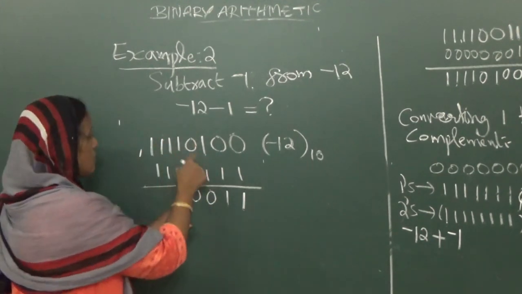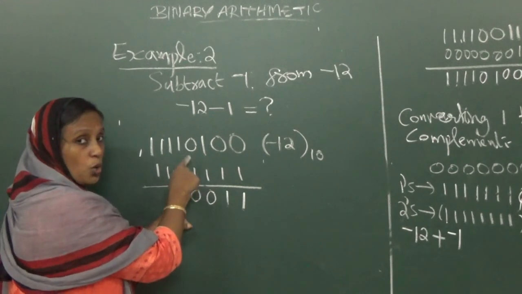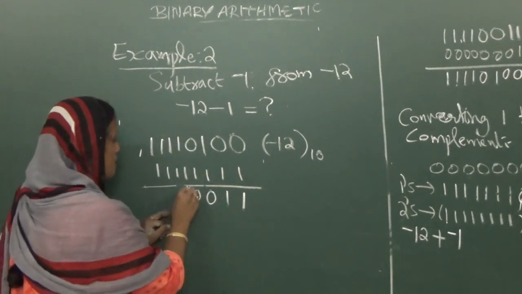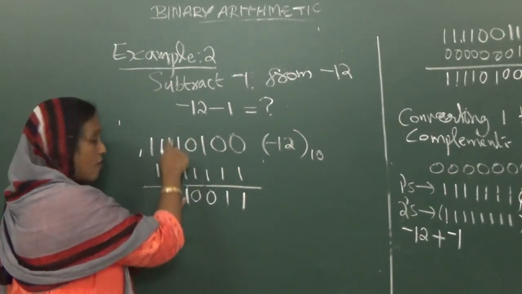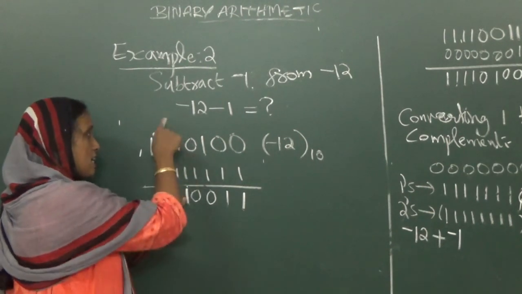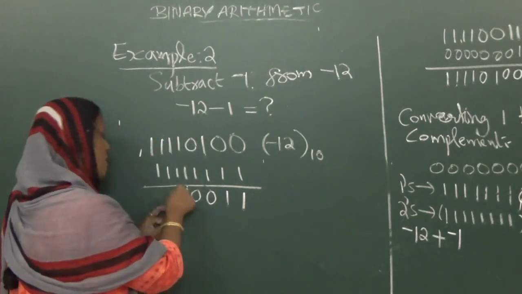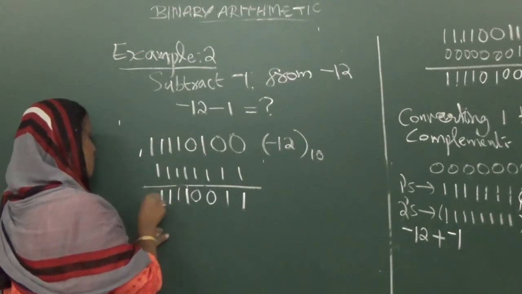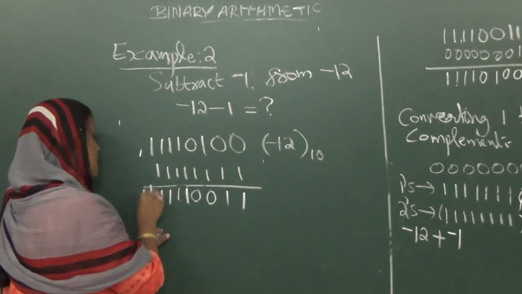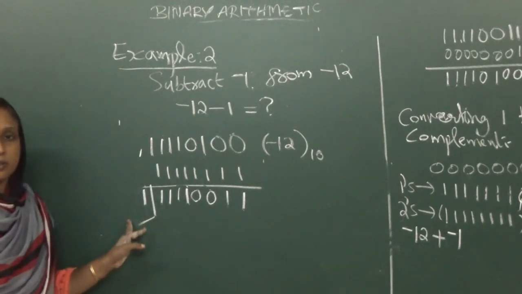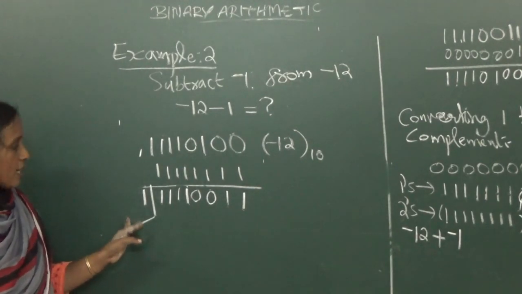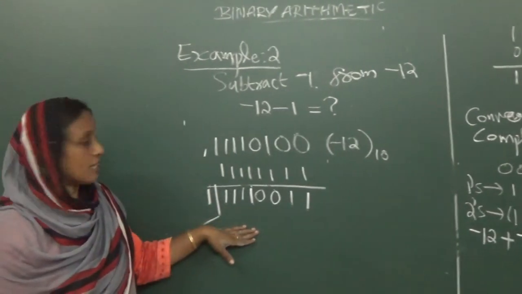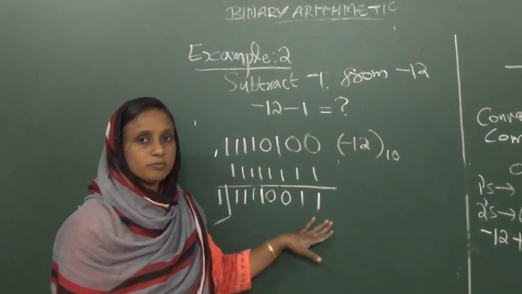Again carry 1. 1 plus 1, 0 with carry 1. Again carry 1, and it goes like this. Finally, you get an extra carry here. Okay. So this gives our output.